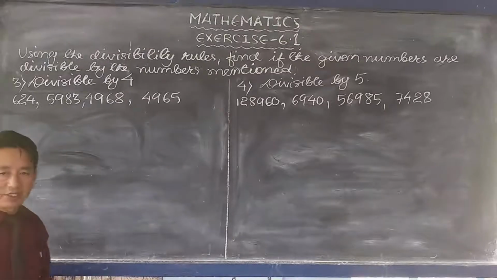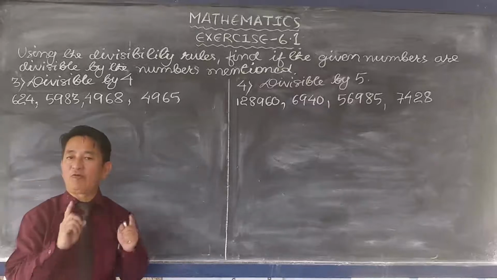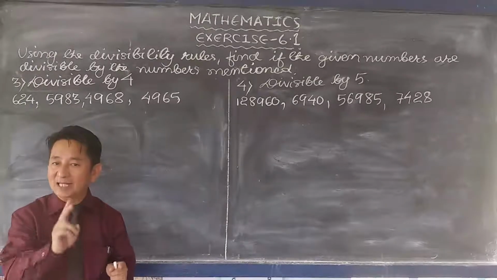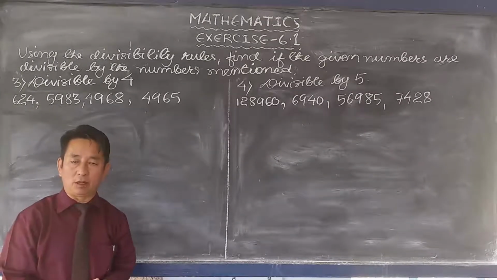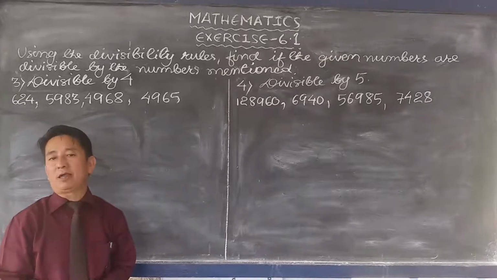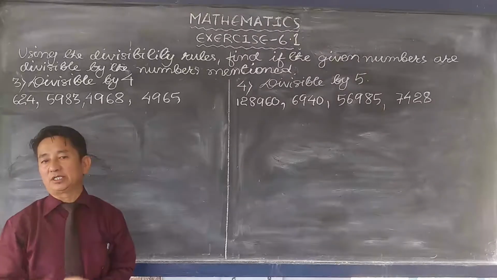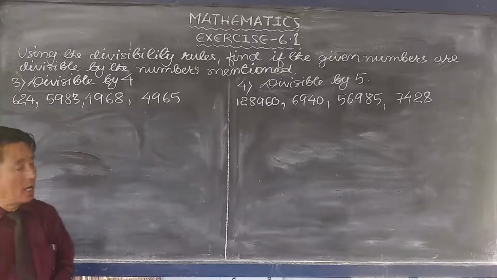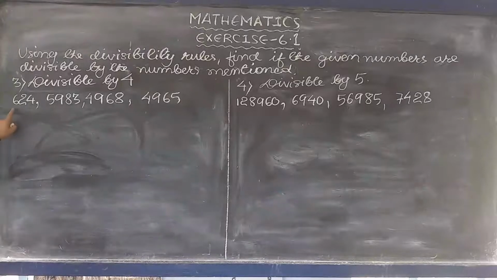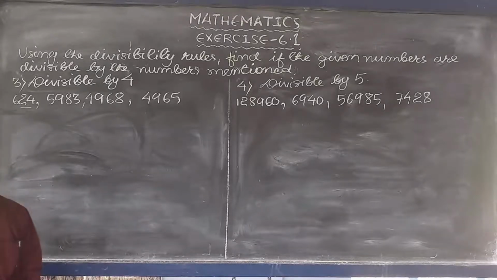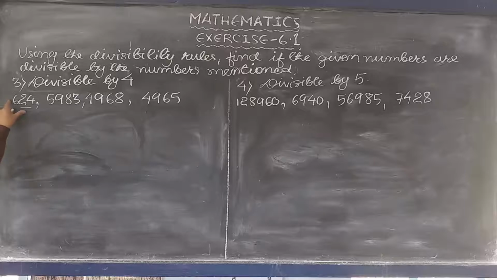Once again I repeat, if the number formed by the last 2 digits of the number is divisible by 4, then the number is divisible by 4. As you can see here, 624. The number formed by the last 2 digits is 24. As you know, 24 is divisible by 4. That means this 624 is divisible by 4.